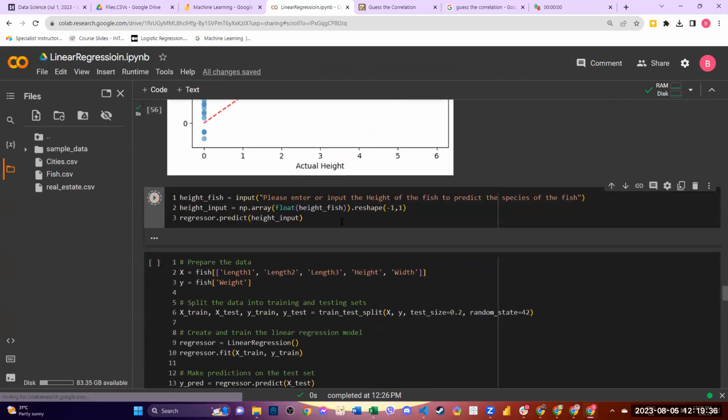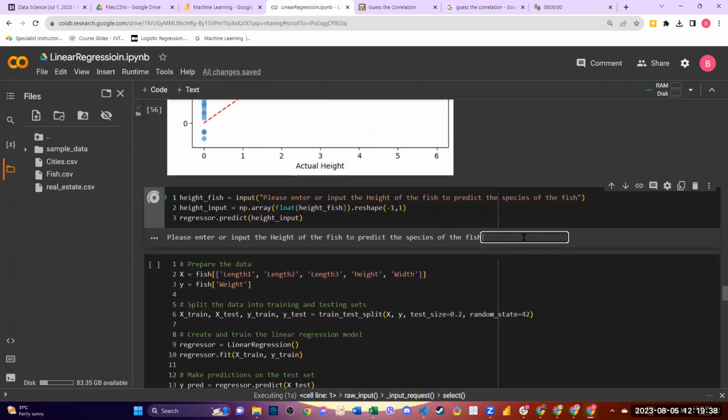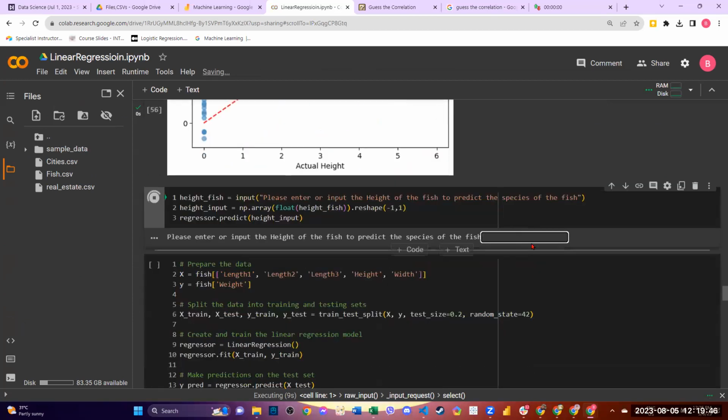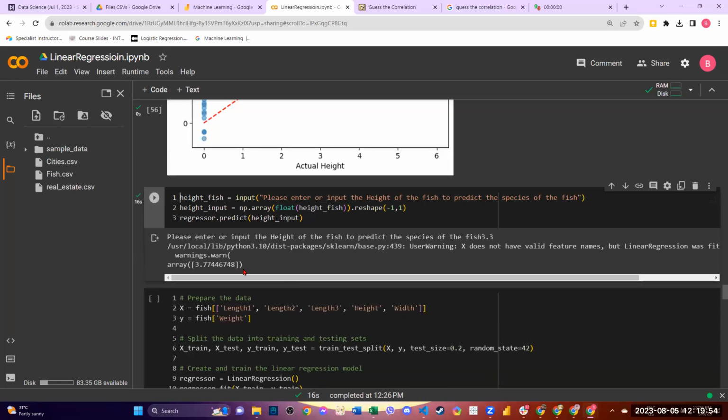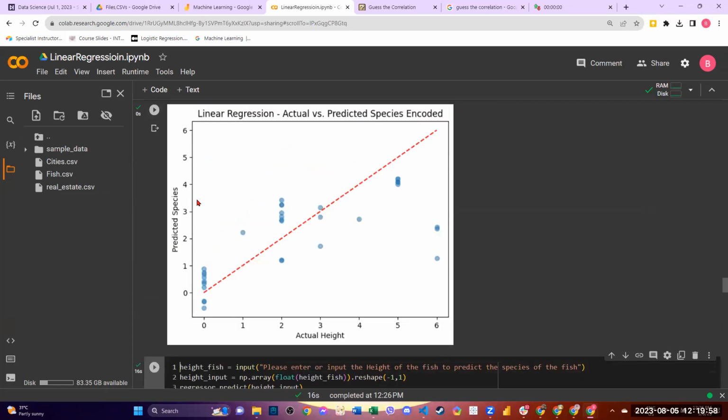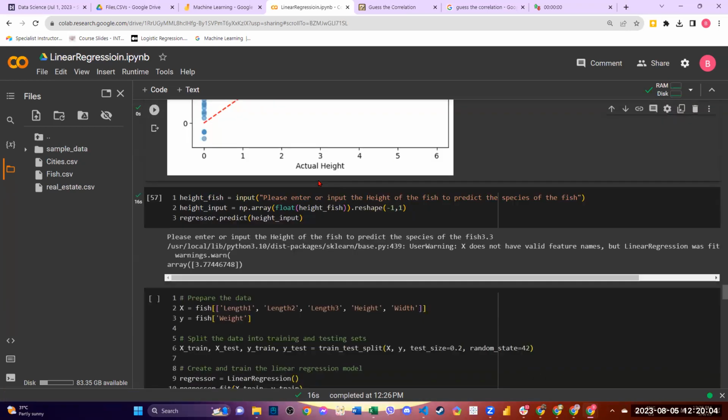So given that we know the height of the fish, let's say from the range of 0 to 6, 3.3 is the height of the fish. Enter. So it will predict that the fish is on the species around 3.